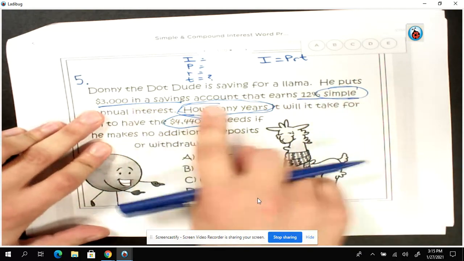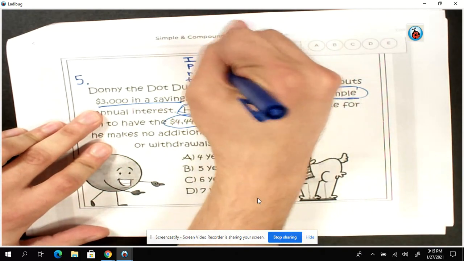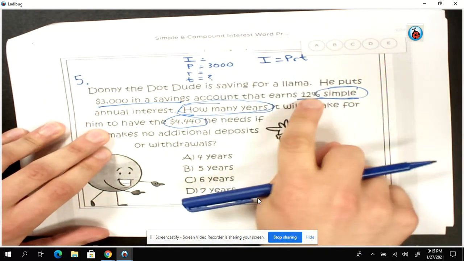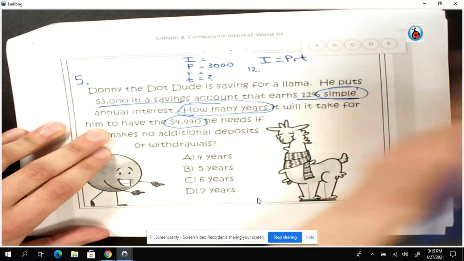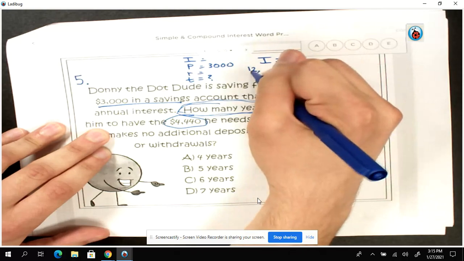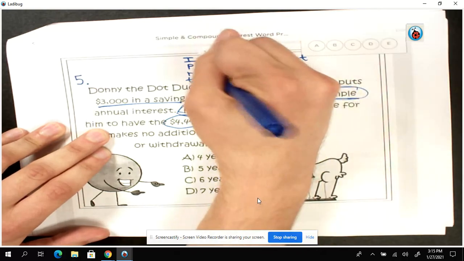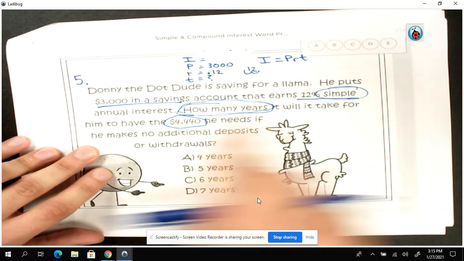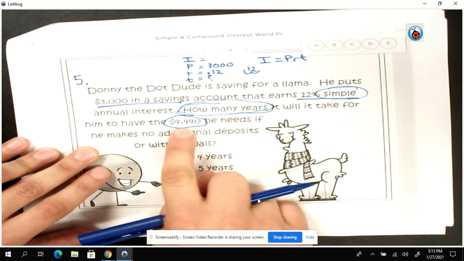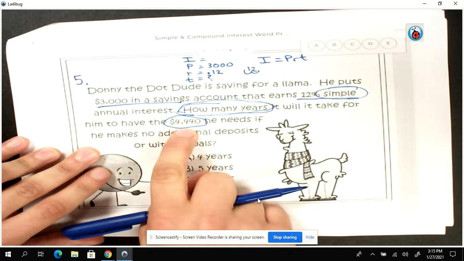He puts 3,000 in savings, so 3,000 is going to be the principal. 12% interest: I'm going to move the decimal two spaces to the left, so that's 0.12. The 4,440 is what he needs, and they're expressing that as the final balance.